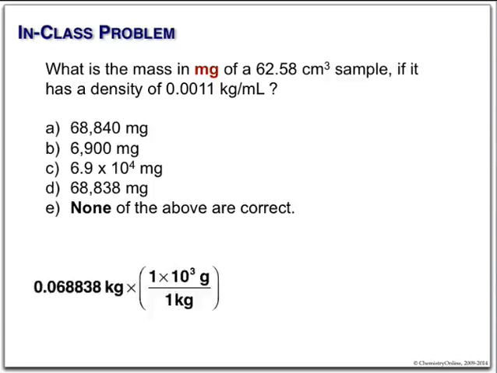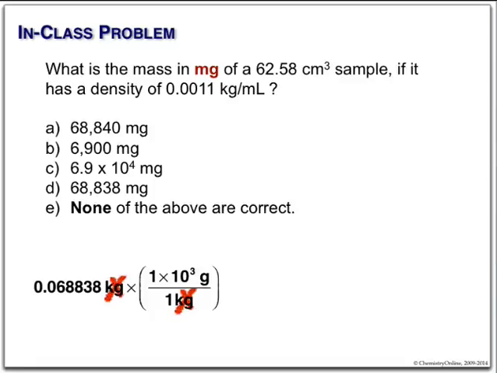And again, you can use any of the ratios you want to write, as long as, number one, it has to be right, but number two, kilograms has to be in our denominator. Kilograms in the denominator will cancel. That means our given now has units of grams.